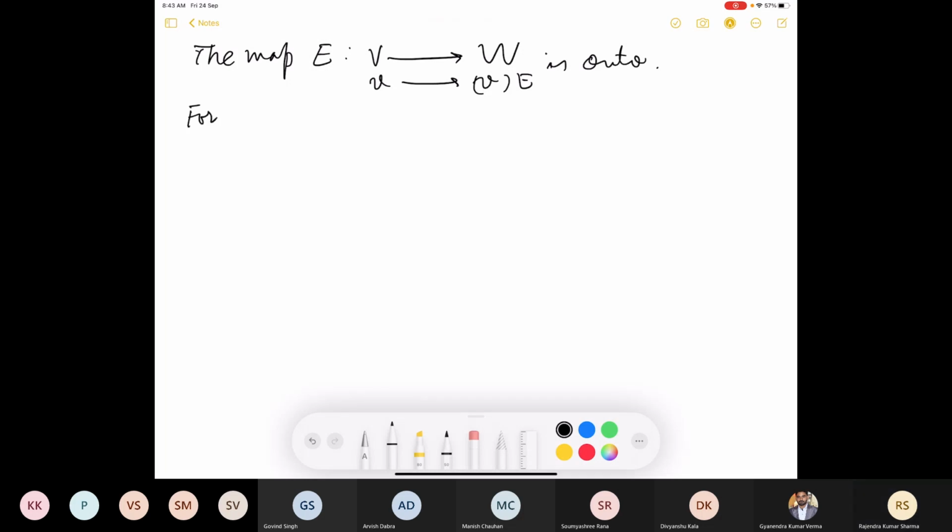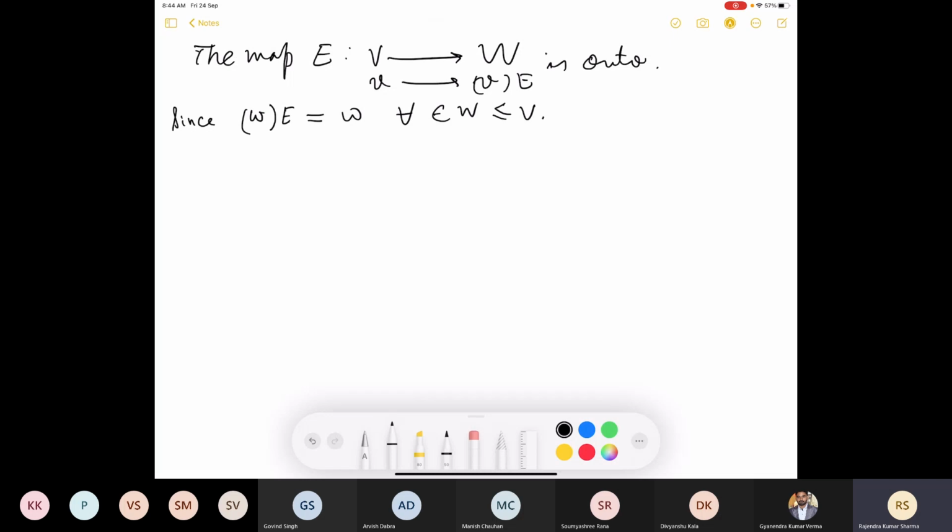For every W in W, the image of W is W. So you always have for every W, there is at least one vector, namely W itself, which is the image of W under E. So this map is onto.